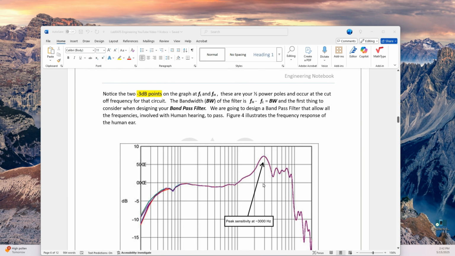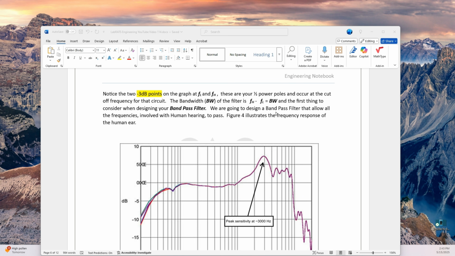Just for review, notice that the 3 dB points on the graph at FL and FH, these are called your half power poles and occur at the cutoff frequency for that circuit. The bandwidth of this filter is the high frequency minus the low frequency equals the bandwidth. And the first thing to consider when designing your bandpass filter is what you want your FH and FL to be.